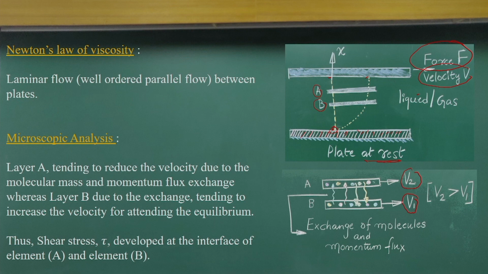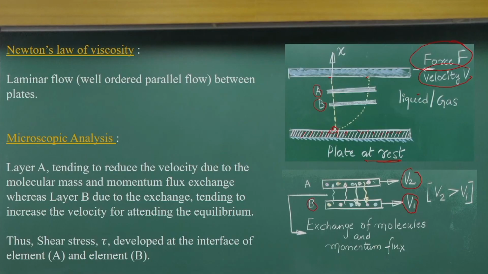Try to understand that I have 2 fluid packets, one moving with V1, within which there are millions of molecules. Similarly, the next layer packet of fluid, with millions of molecules, is moving with V2.